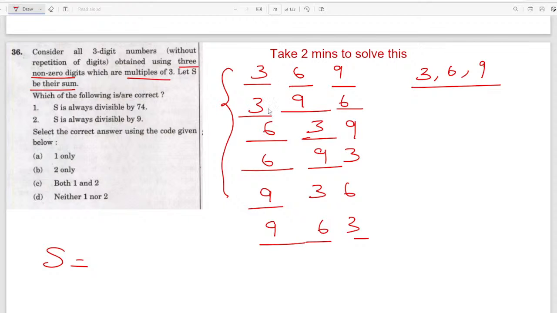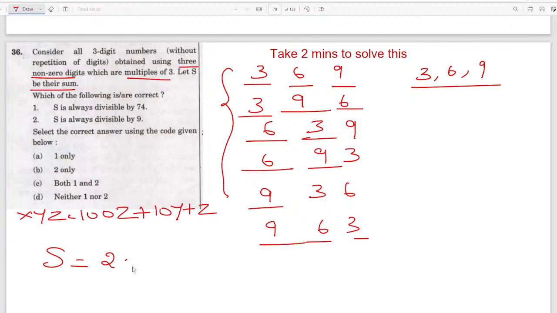every digit here appears twice in each place. Just like the way we write XYZ as 100 into X plus 10Y plus Z, in each place these digits are appearing twice.